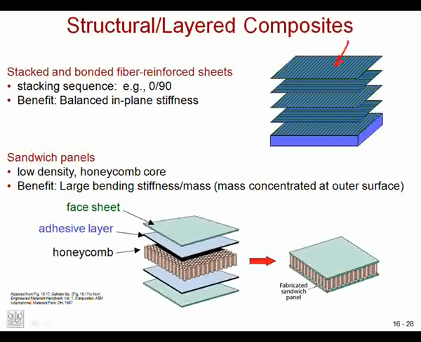This actually is better, because when we have that stress, we're getting the best stress on half of the sheets in this direction, and the best stress on half of the sheets in this direction. So that's how they do a lot of those carbon fiber reinforced panels, by stacking things like that.